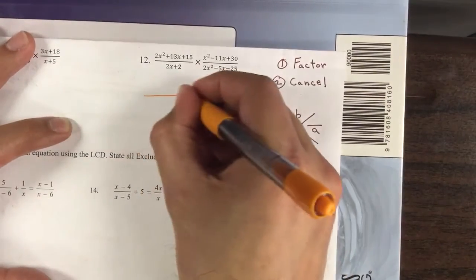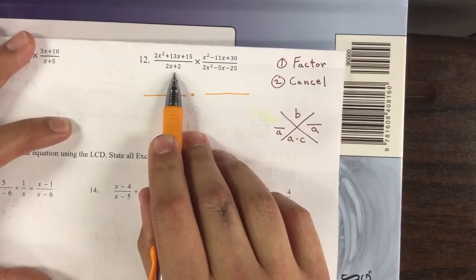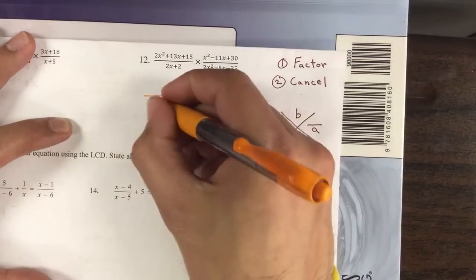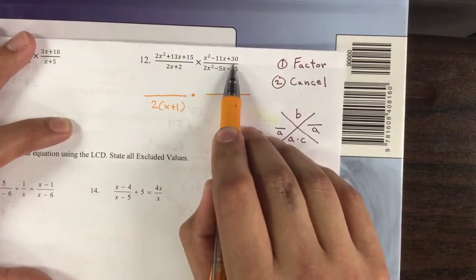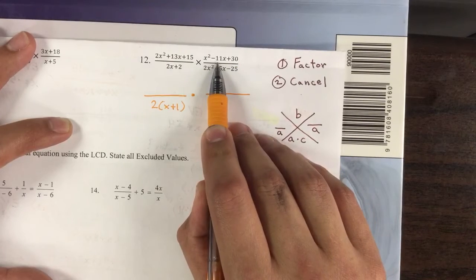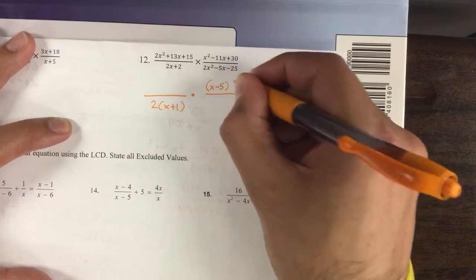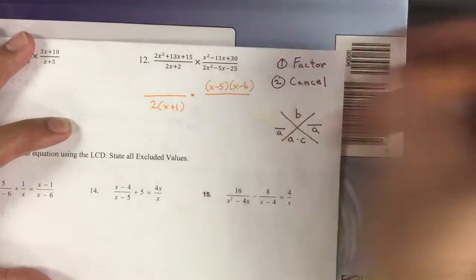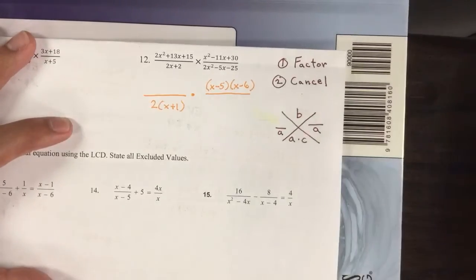Alright, so let's factor what we can first without the x method. So here, our GCF is just 2. So that's 2x plus 1. Over here, we can do 30 to get 11 would be -5 and -6. And now we'll have to do the x method, okay? So I'm going to do the x method over here to the left.